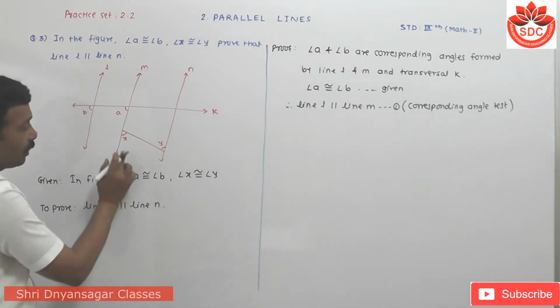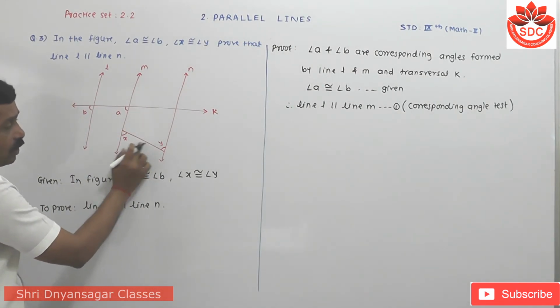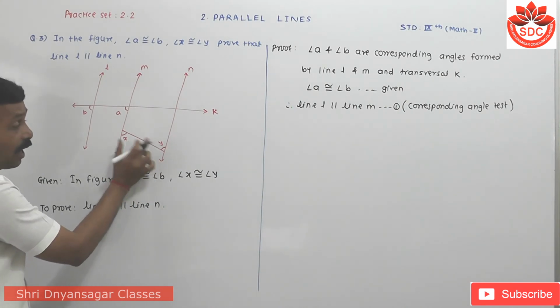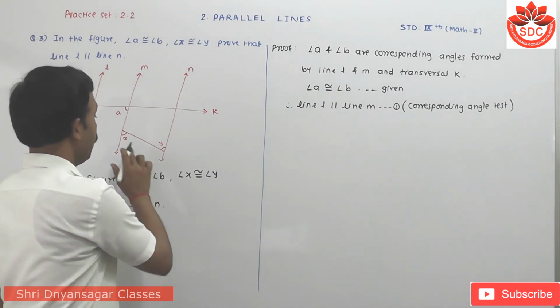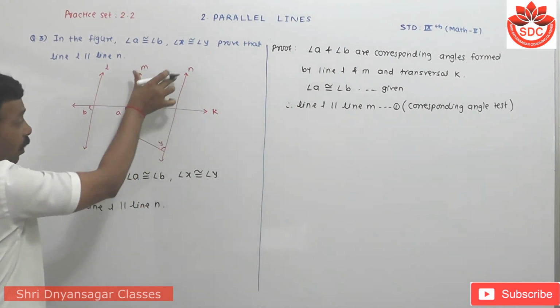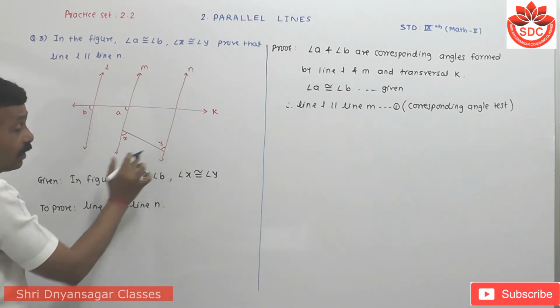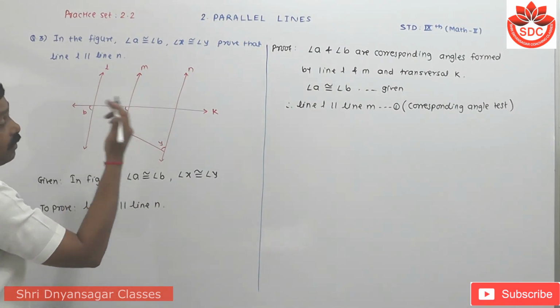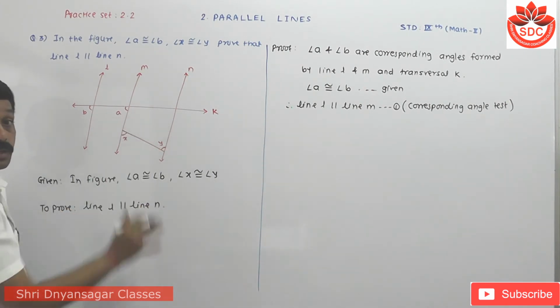Then student, look at these two angles also. These two angles are also congruent because they are alternate angles, of this line and this is the transversal. So by using alternate angles these two lines are also parallel.